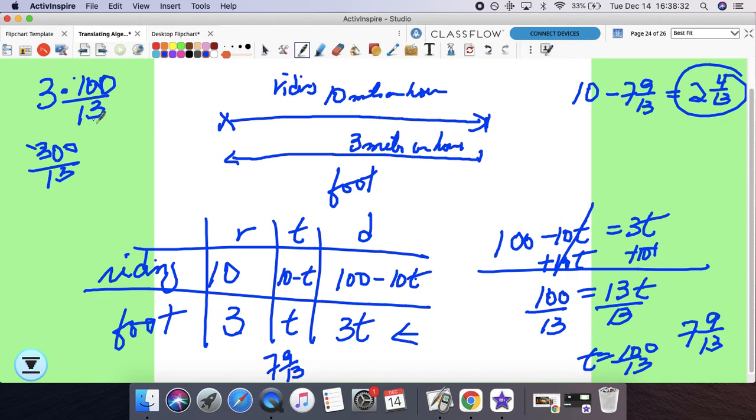And what is this, miles? Yeah, miles. My pen is not working, guys. This is the distance that he spent either walking or riding, 300 over 13 miles, which you can change from an improper fraction to a mixed number if you want to. Okay, that's it.